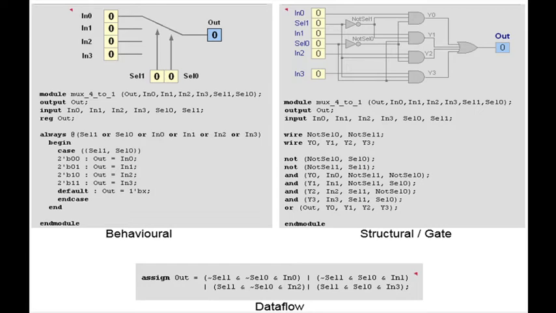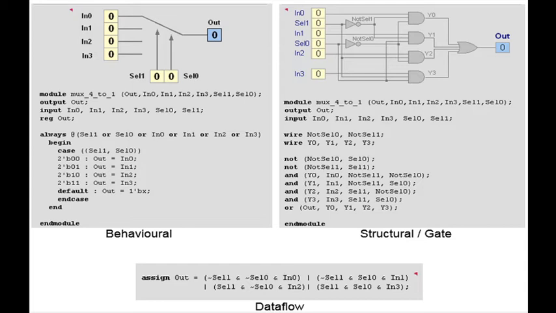In another case, that is structural or gate modeling style, if the required design can be represented in terms of sub-blocks, sub-modules, then those blocks or sub-modules can be called, and accordingly we can have a top module.